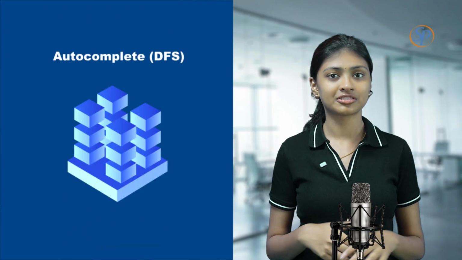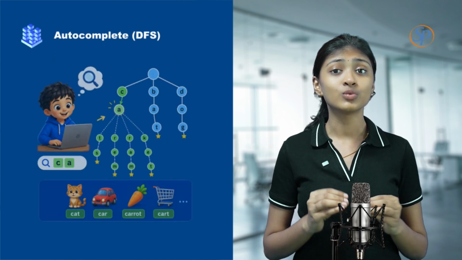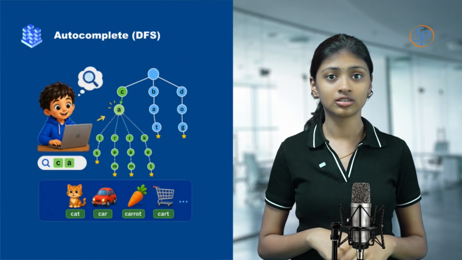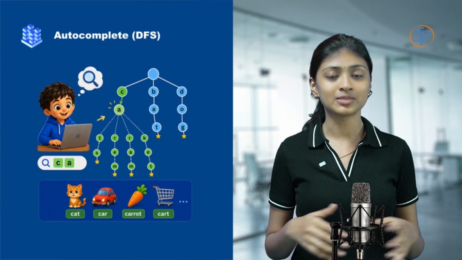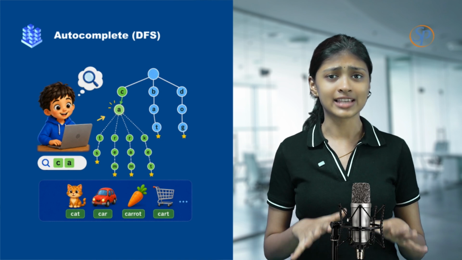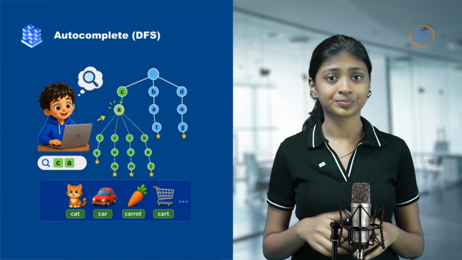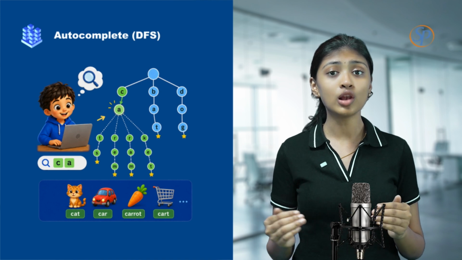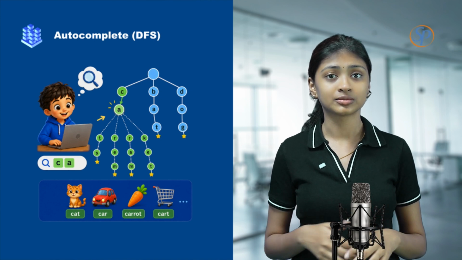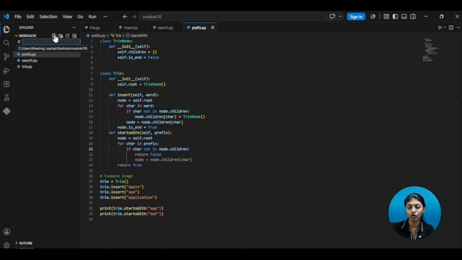Autocomplete, DFS. Once we reach the prefix node, we explore all paths below it. Example, you type CA. The system explores all words starting with C and A. Now let's move on to autocomplete.